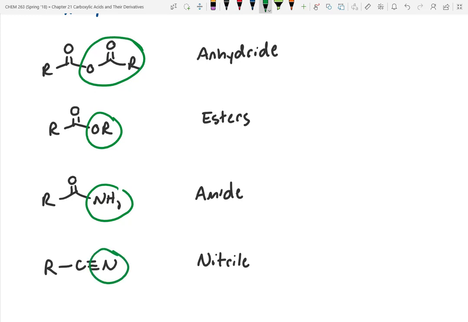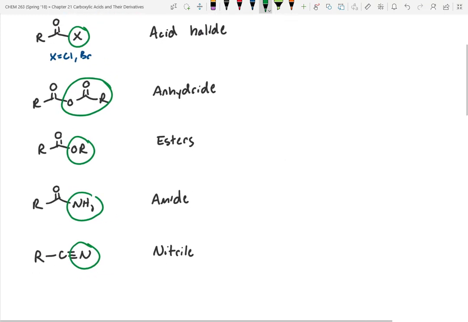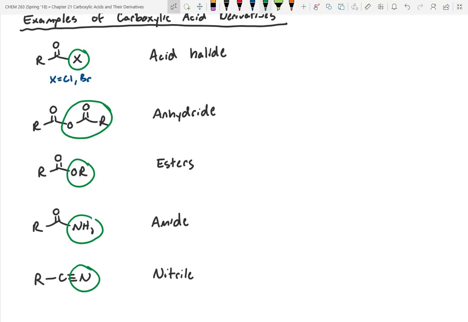And they have that nitrogen doing the electron pulling. The nice thing with this is the trend is easily explainable. As you go up this list, they are more reactive. Does anybody know why?